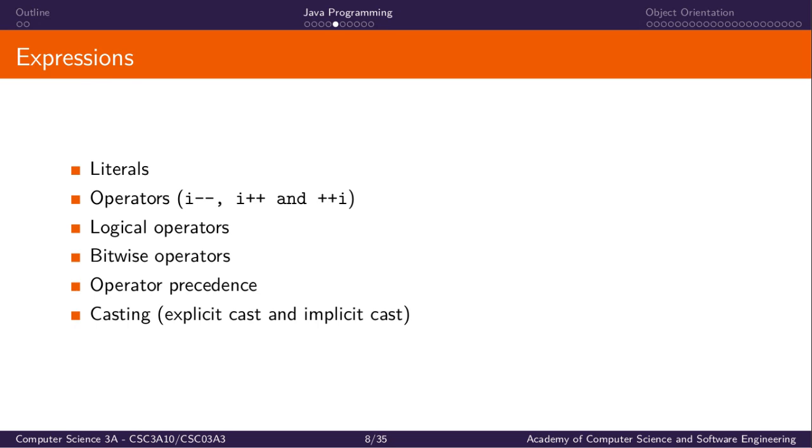So casting can either be explicit or implicit. Now note, casting is done between two basic types. So what are basic types? We have int, byte, long, short, double, float. So we can do casting between those types.